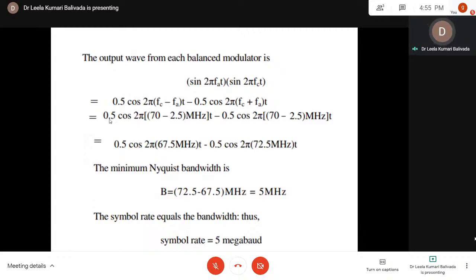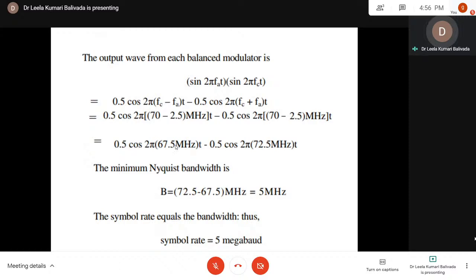Therefore, this equals 0.5 cos 2 pi (70 minus 2.5 megahertz) T minus 0.5 cos 2 pi (70 plus 2.5 megahertz) T, that is 0.5 cos 2 pi 67.5 megahertz T minus 0.5 cos 2 pi 72.5 megahertz T.